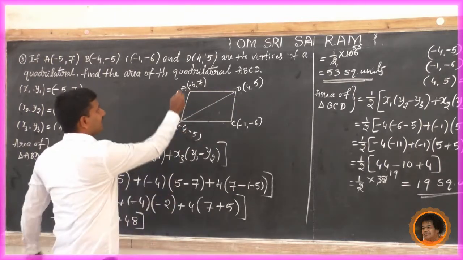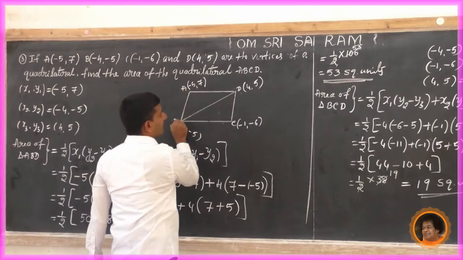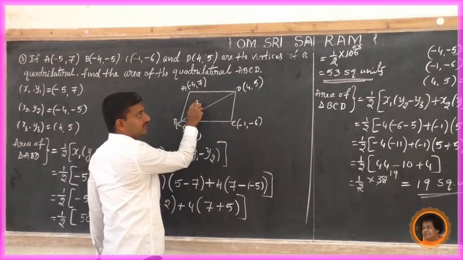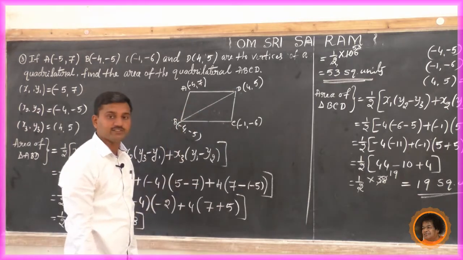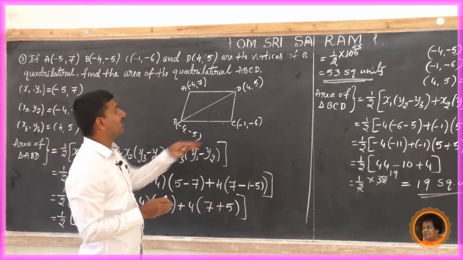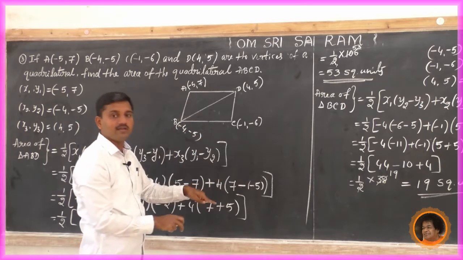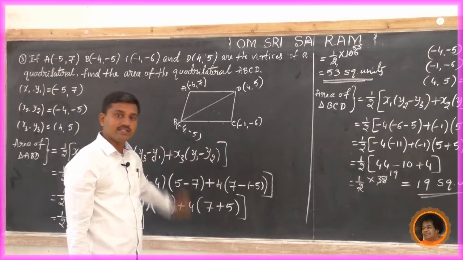Now what is the area of the triangle ABD? Triangle ABD is 53 square units and triangle BCD is 19 square units. So what is the area of the quadrilateral ABCD? Their sum is the area of the quadrilateral ABCD.